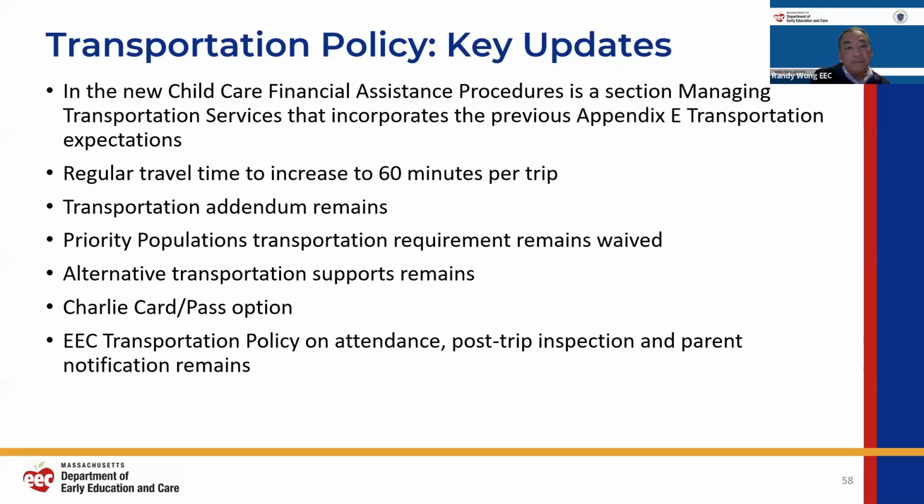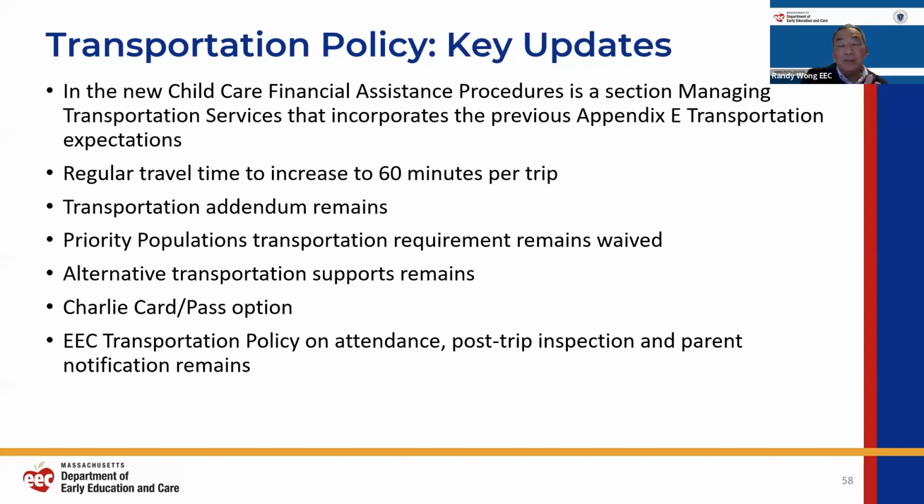The transportation addendum, you still need that. That still needs to be completed. The priority populations transportation requirement is still waived. The alternative transportation supports, I think there was something in here asking about using things like Uber or Lyft, or other ways that you can support families getting their children to care.